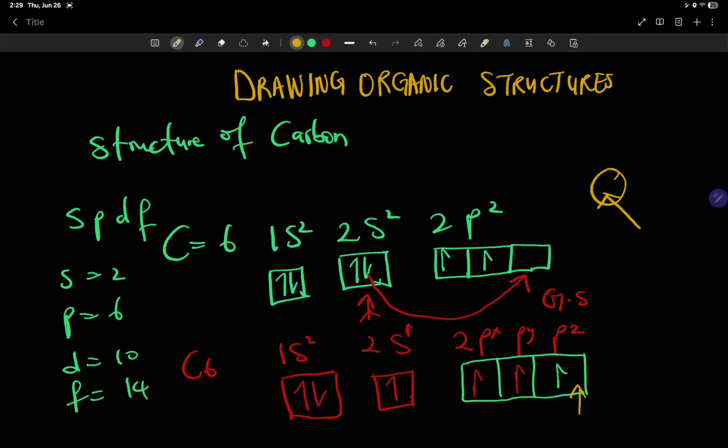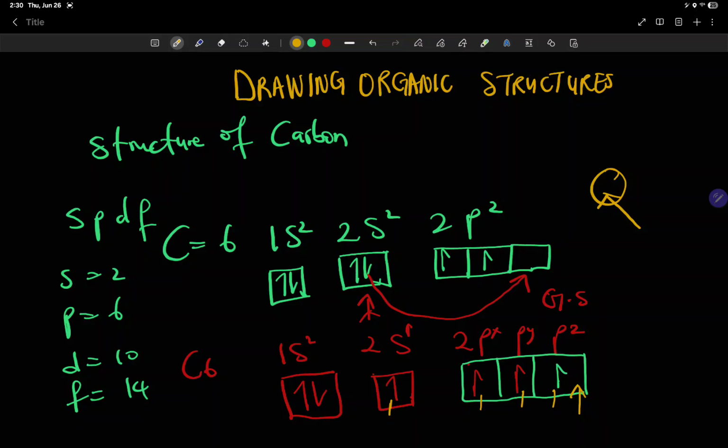So in this case, carbon has how many unpaired electrons? 1, 2, 3, 4. For an organic compound to be stable, all the carbon atoms must be completely filled up.